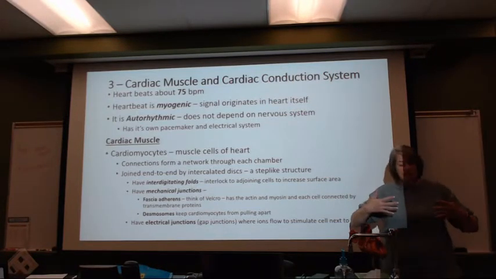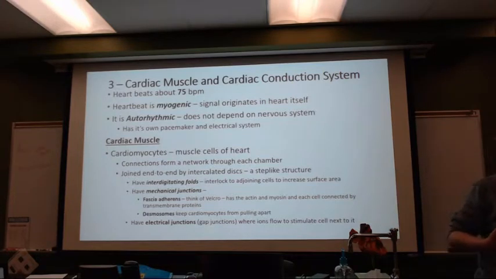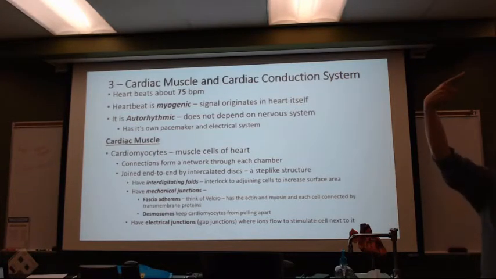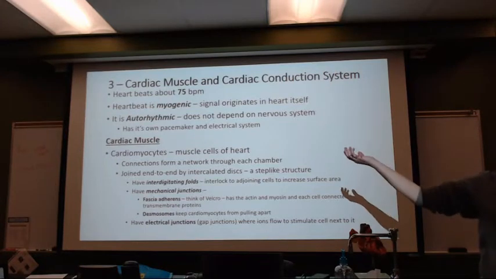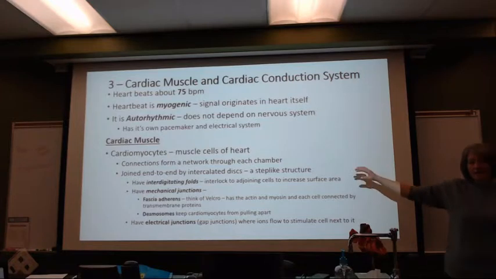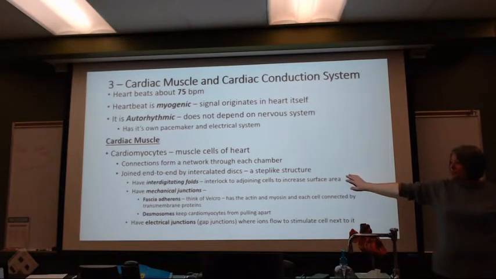Basically the way that they're going to connect, they're going to connect like this, one cell, and just have a little tiny bit of what looks like an overlap. The reason for that, we're going to see them at this overlap be connected by what we term the intercalated discs.